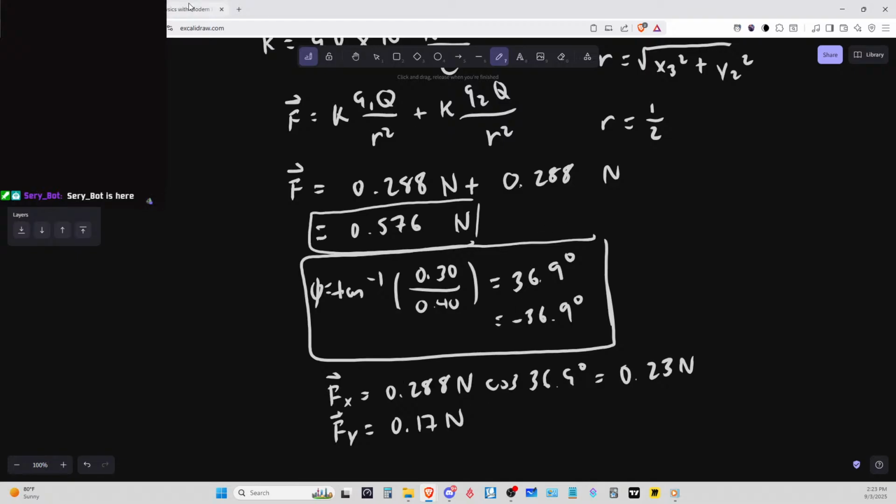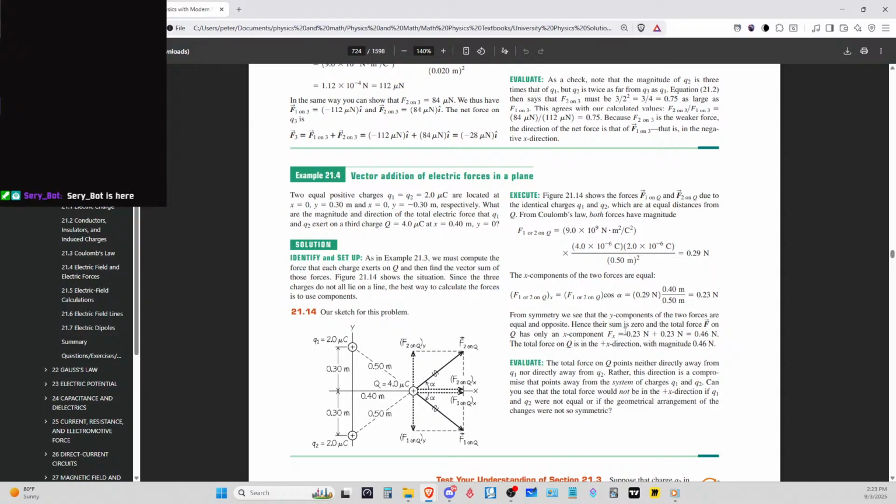So why is it that they took the X component of this one? So the setup must compute the vector sum. So this is the force in total. Now the X components of the two forces are equal. From symmetry, we can see that the Y components of the two forces are equal and opposite. Hence their sum is 0.